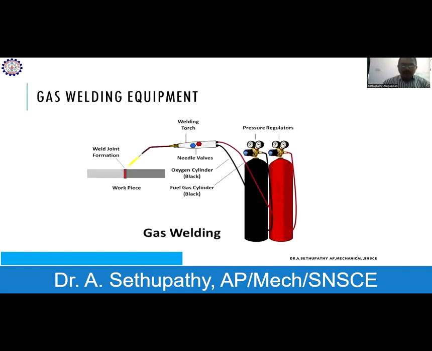The figure shows the gas welding equipments. The two cylinders are connected with pressure regulators, a blue hose and a red hose. The blue hose is connected with oxygen and the red hose with the fuel gas. Then the welding torch has needle valves, and the valves adjust the flow of the gases. Black is the oxygen cylinder, red is the fuel gas cylinder.